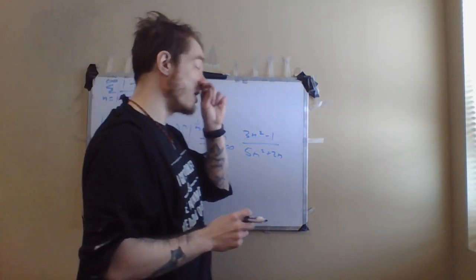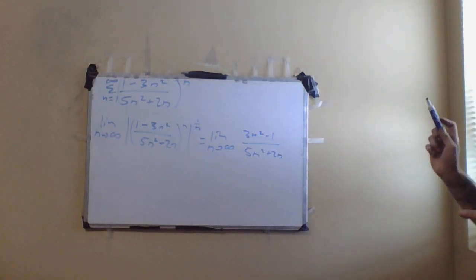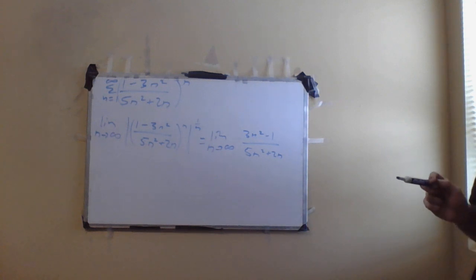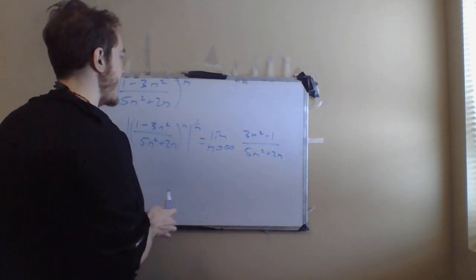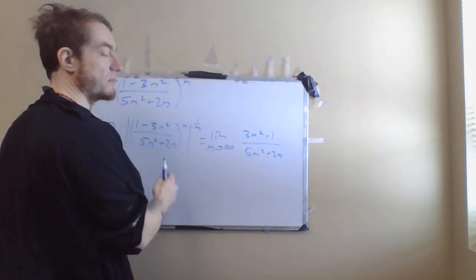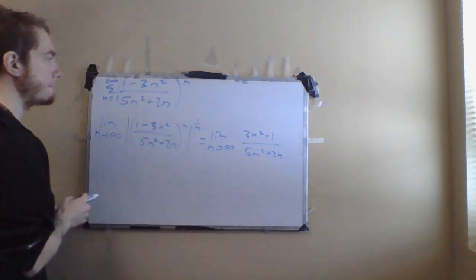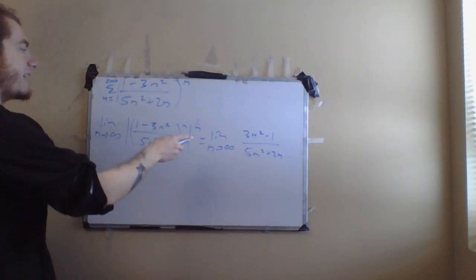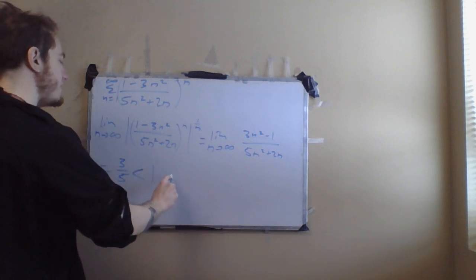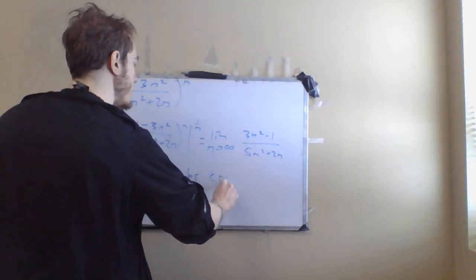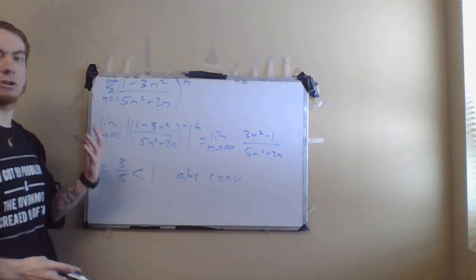The denominator is still always going to be 5n squared plus 2n. And then I can cancel off the n and the 1 over n's here. I'm not sure how well my explanation actually made sense, but take a moment and make sure you see where this comes from. And I flipped the sign around because of this absolute value business going on. Well, the limit as n goes to infinity of this thing is going to be equal to 3 over 5. That is less than 1, so we get absolute convergence and hence convergence.